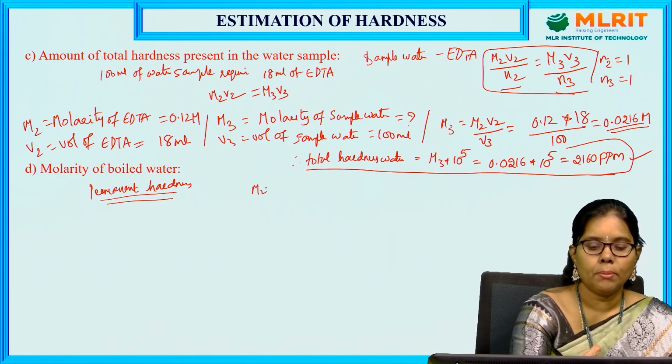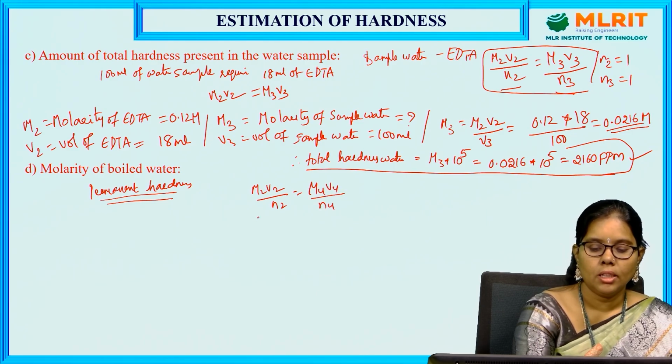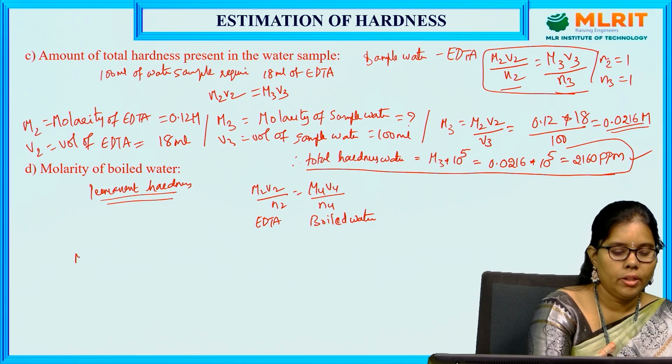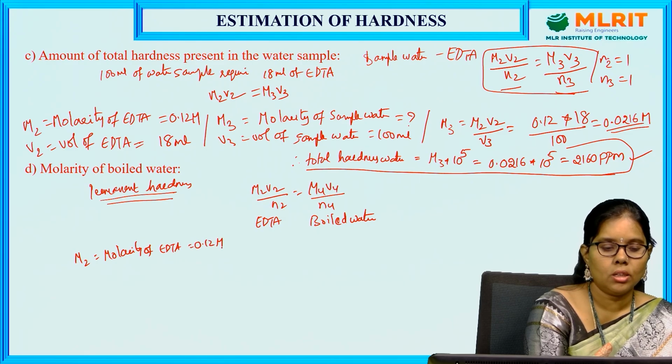The reaction: M2V2 by N2 is equal to M4V4 by N4. This is EDTA, and this is boiled water. Where M2 is the molarity of EDTA, which is 0.12 molar.